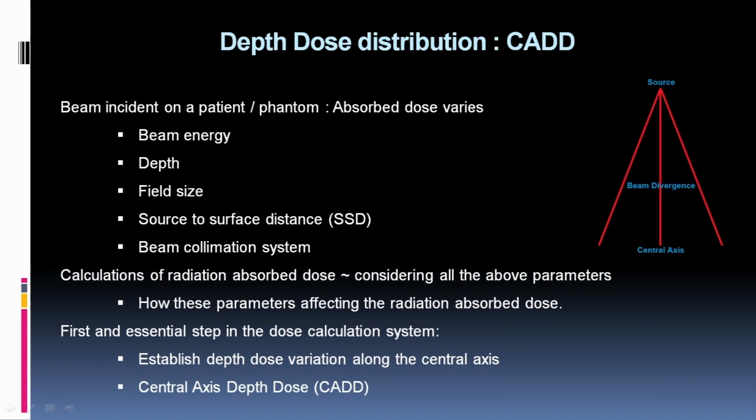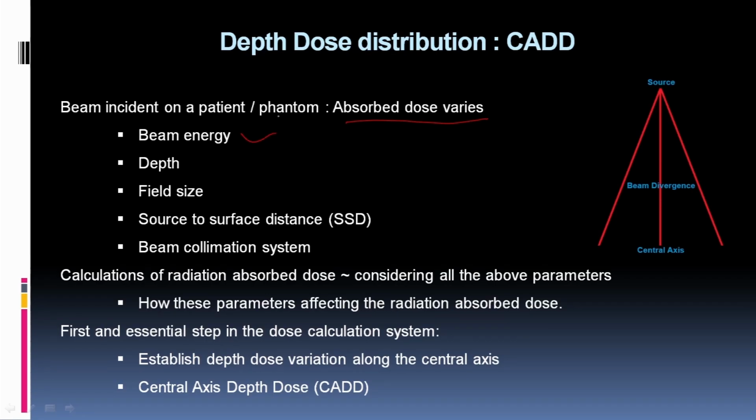Now, depth dose distribution, or CADD data: central axis depth dose. When a beam is incident on a patient or phantom, the absorbed dose varies with the following parameters. First is beam energy.